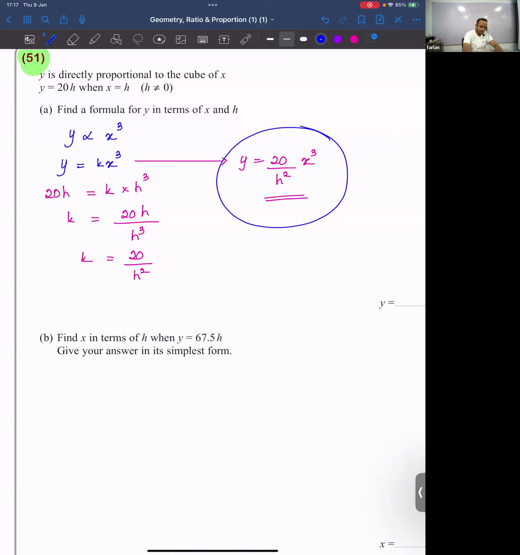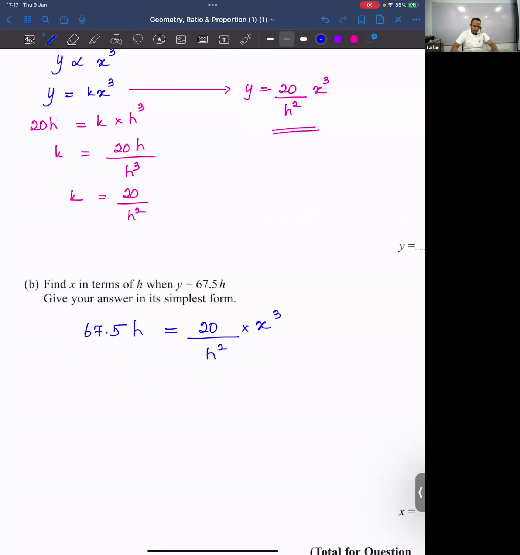Substitute y equals 67.5h into this. So 67.5h is equal to 20 over h square into x cube. Find x in terms of h is the question.